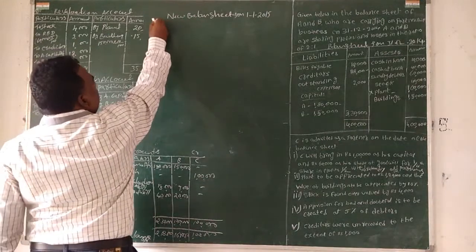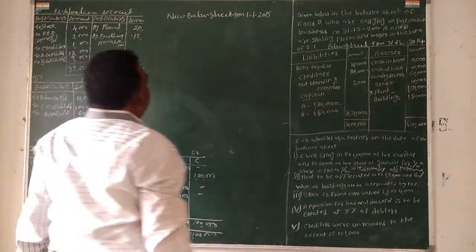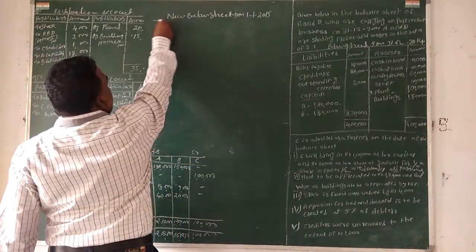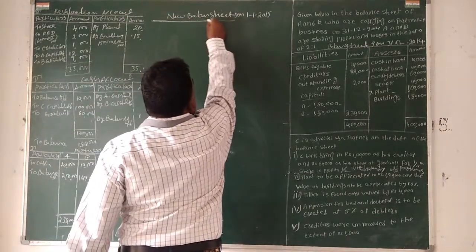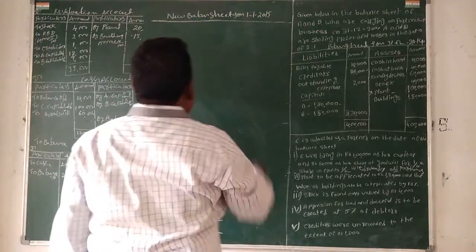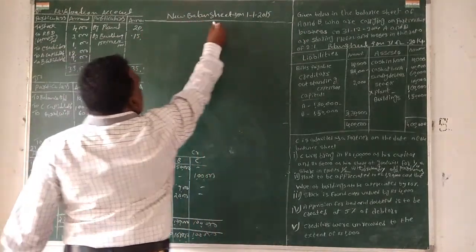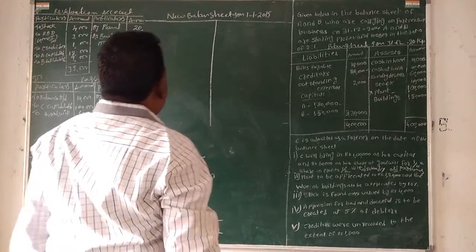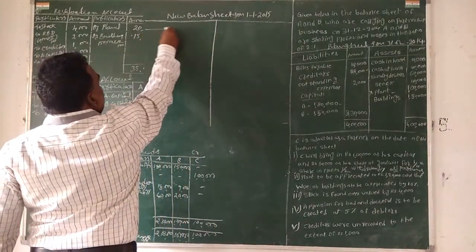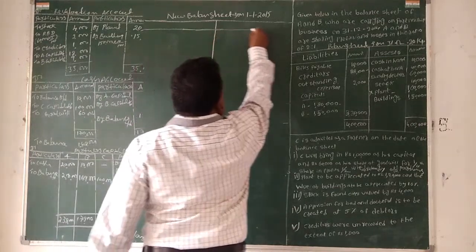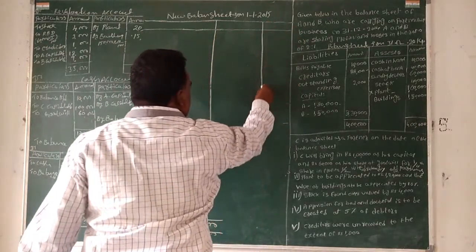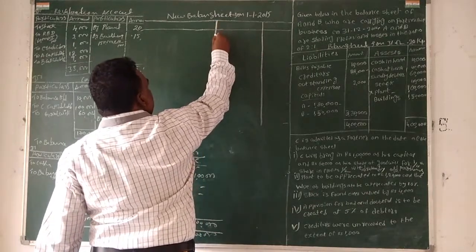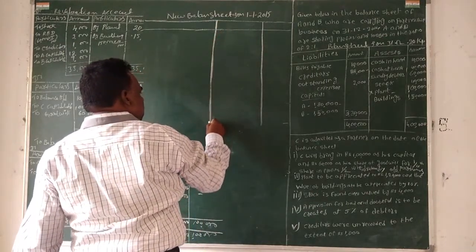Assets, amount; liabilities, amount. Then we would like to prepare the new balance sheet based on the old balance sheet.